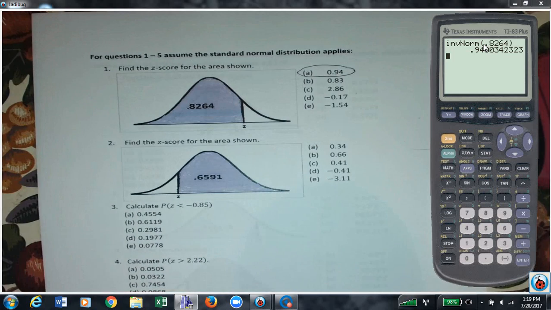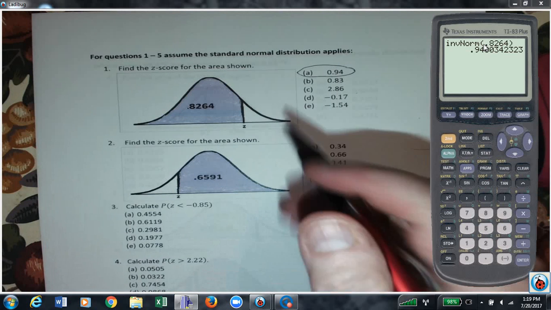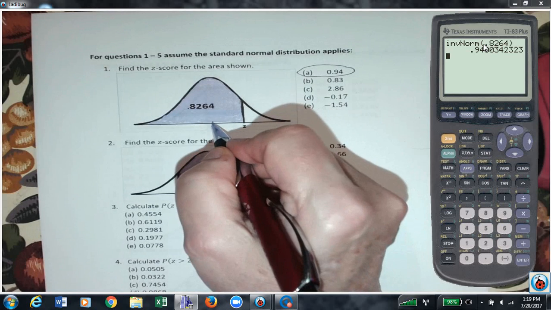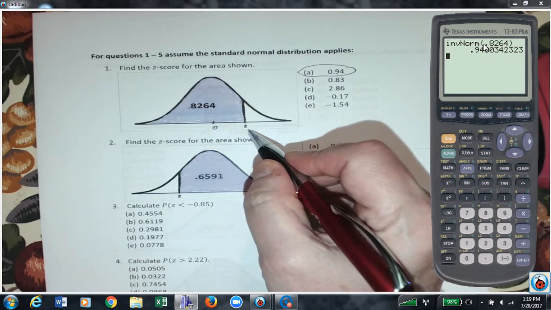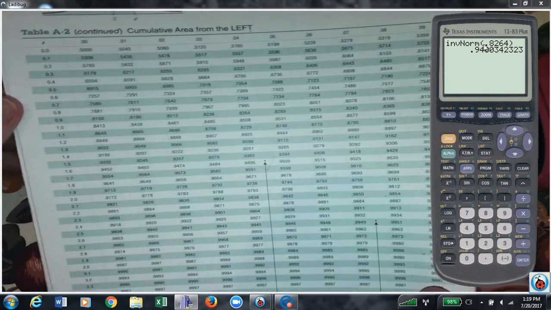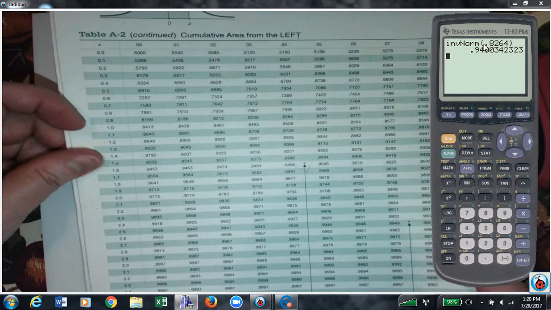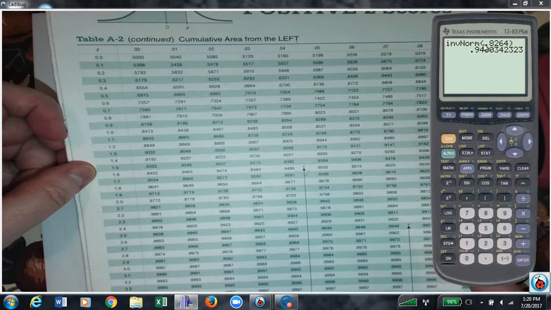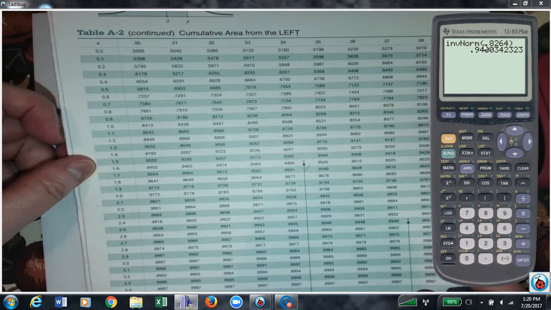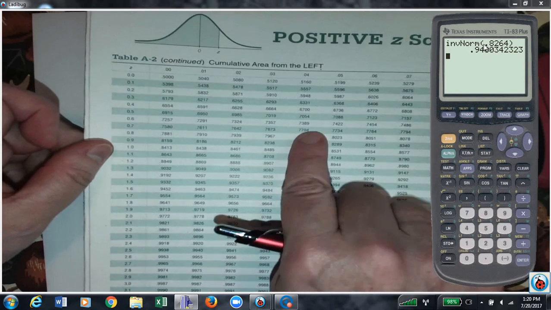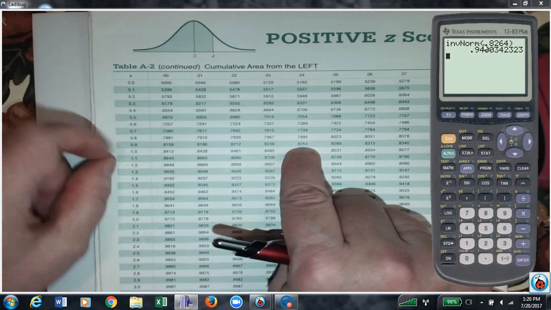Another way I can do that is if I have a chart of the positive z-scores, because this is where 0 is, and so this z-score is a positive number. I try and find 0.8264 exactly in the body of the chart. And there it is, 0.8264.